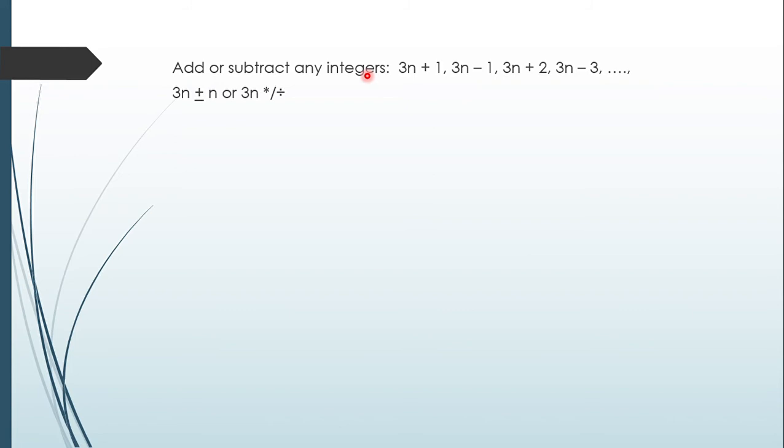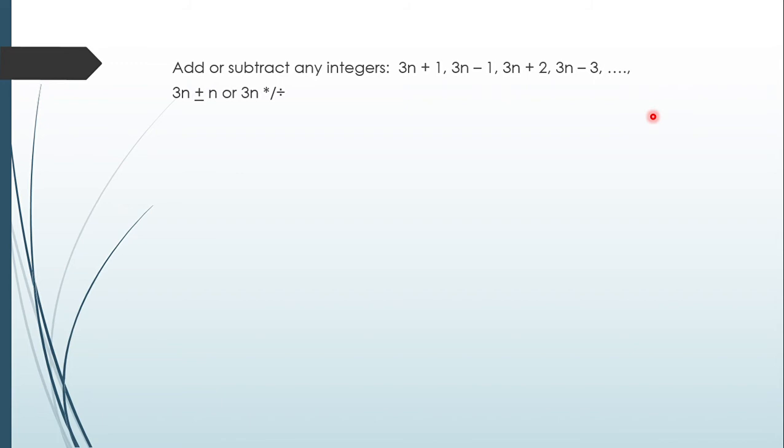Kung napansin nyo, 3n plus 1, 3n minus 1, 3n plus 2, 3n minus 3. Ikaw na bahala. Pwede ka mag-add ng 3n plus 100, 3n minus 1,000. Ikaw bahala magdagdag neto, plus 1, minus 2, plus 3, or pwede din siya multiplication or division. 3n divided by 6, 3n times 2, ganun, etc.